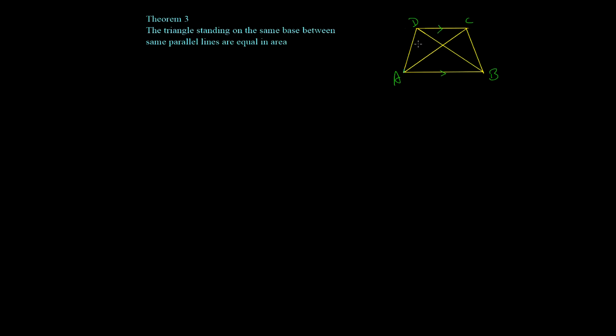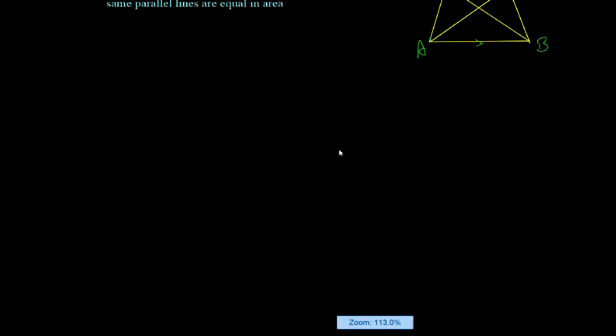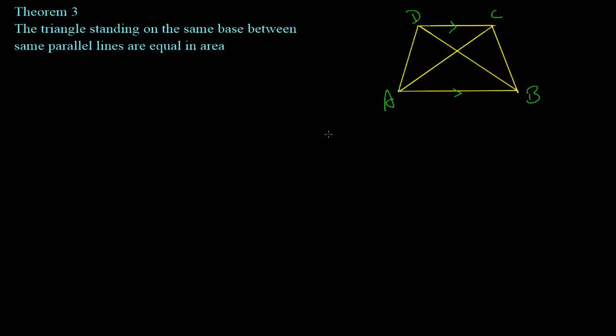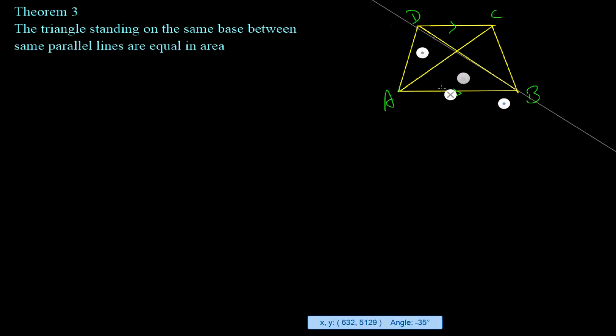Here we have triangle ABD and triangle ABC, but we do not have any parallelogram, so you might need to draw it. We can construct a parallelogram that is parallel with the side BC.